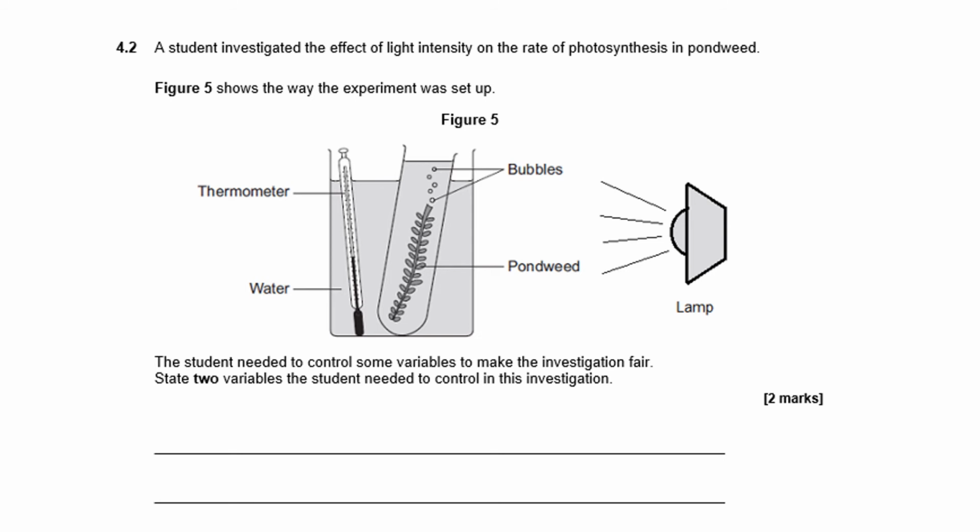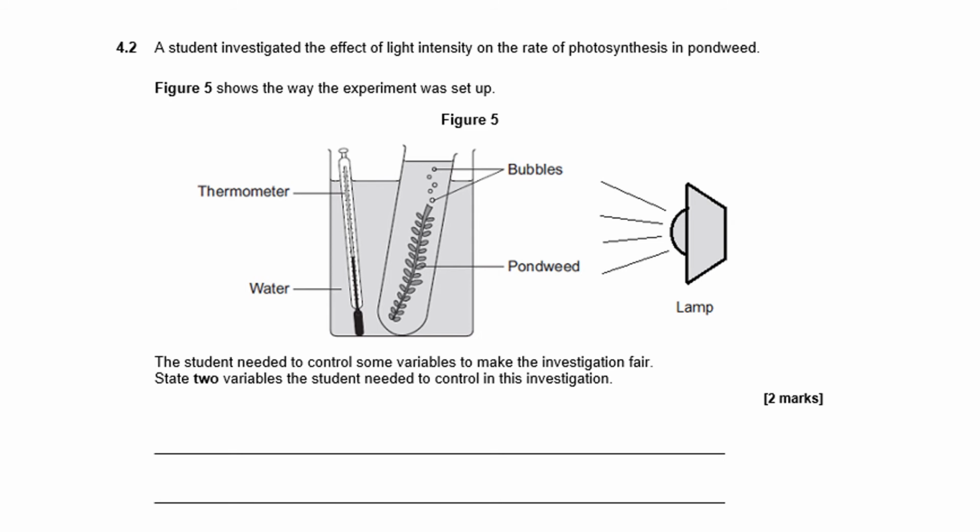Now, there's a couple of different answers you can give for this, so I'm going to list some of the answers you might have put. You only had to state them, so the command word is state, so you don't have to explain the effects or describe how you would do it, it's just state two variables. So you could have put carbon dioxide or carbon dioxide concentration. You could have put the temperature. You could have put the light color or the light wavelength.